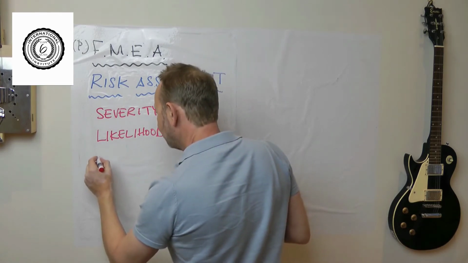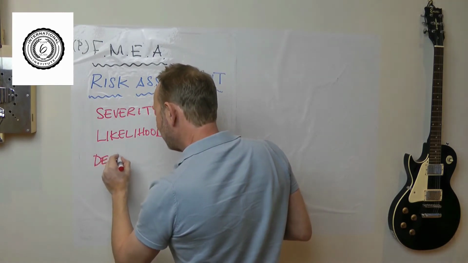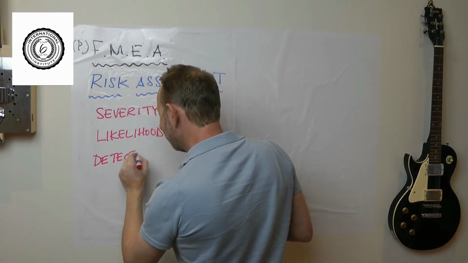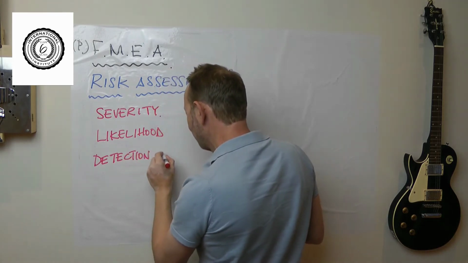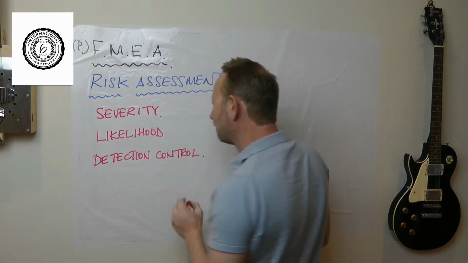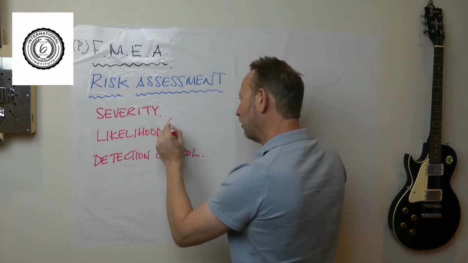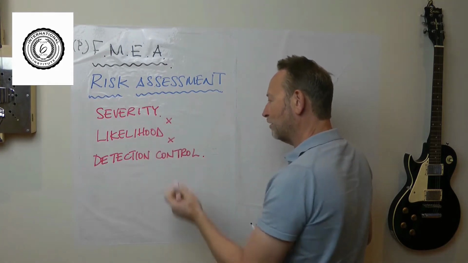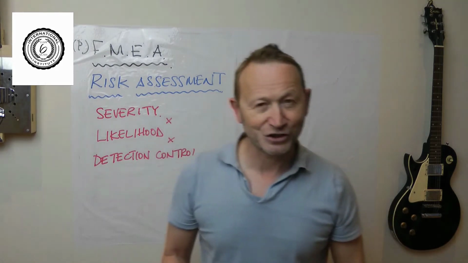And finally, most FMEAs talk about the detection controls. How likely are you to spot the error? And if you multiply the severity by the likelihood by the detection controls, you work out what's the risk.